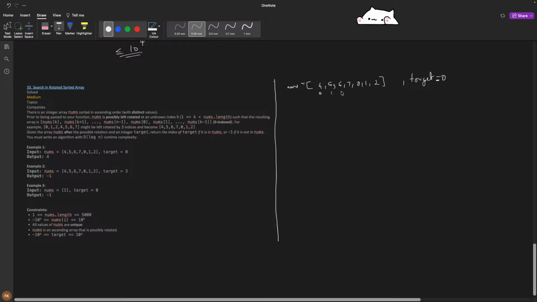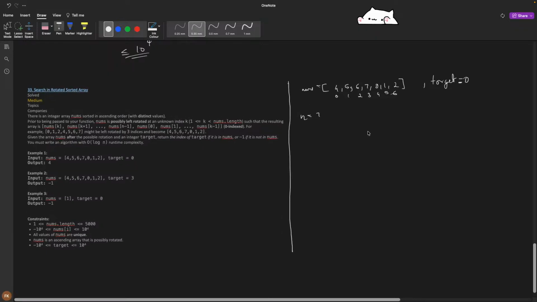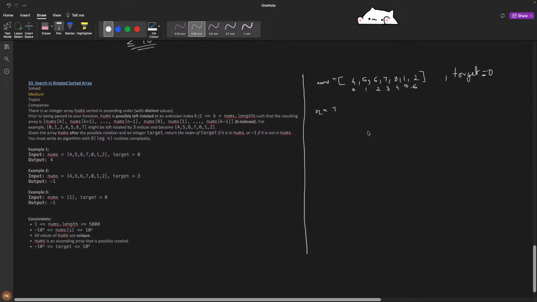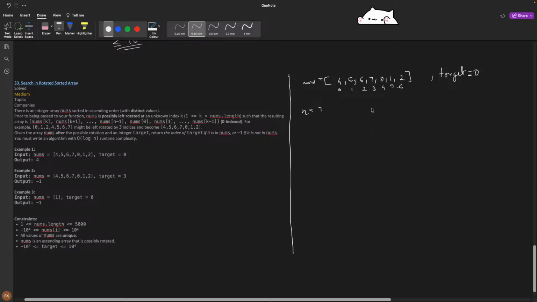This is index 0, 1, 2, 3. The size of n is 7. Our low initially would be at 0, high would be at 6.